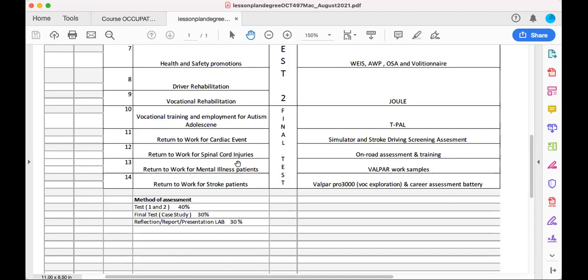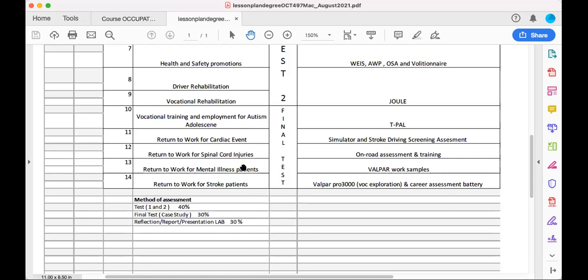And then return to work for spinal cord injuries. You will see in your clinical placement patients using wheelchairs. So I will share with you, because I have experience in spinal cord injuries. And then return to work for mental illness patients also, I will cover it.